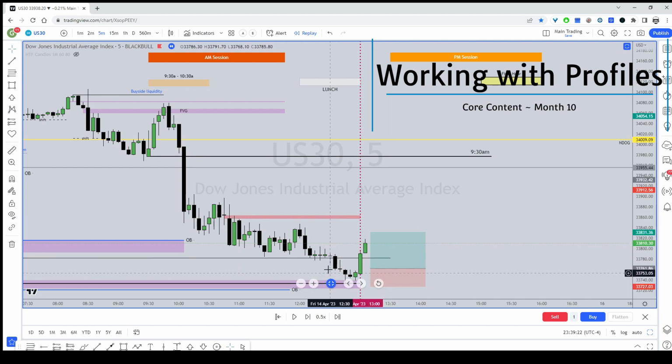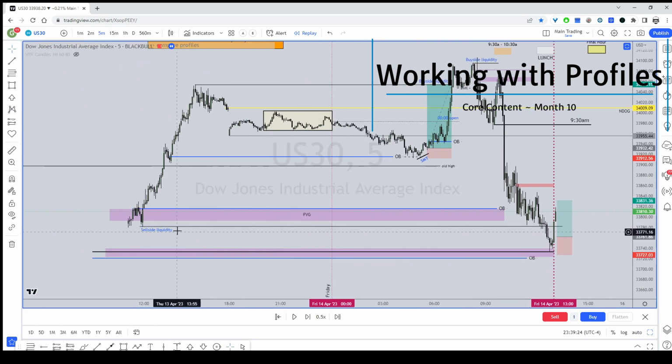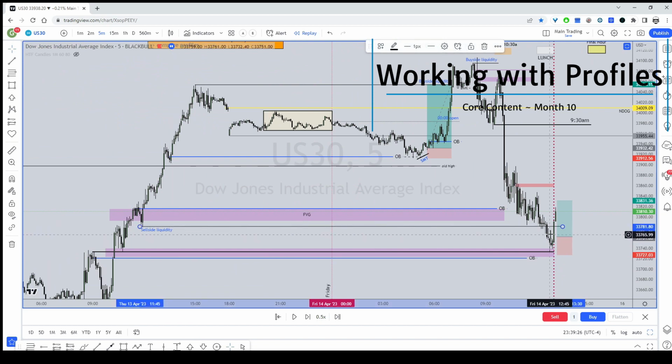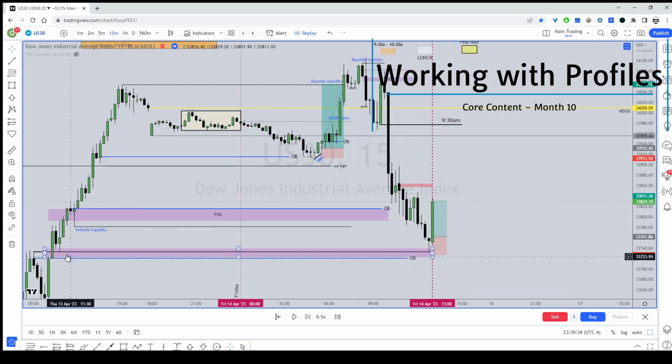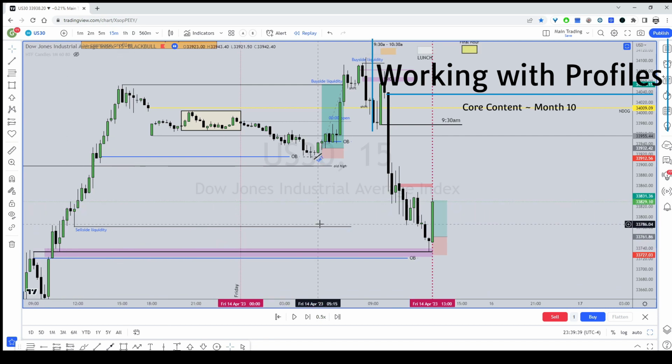But we ran into a 15-minute array below the sell side and into this 15-minute array. So the relevance of this 15-minute array is more than anything here.